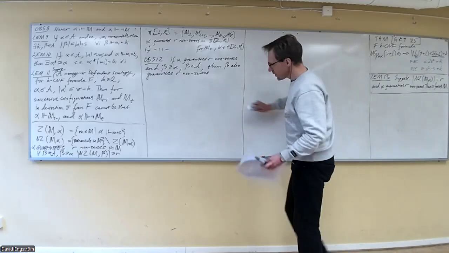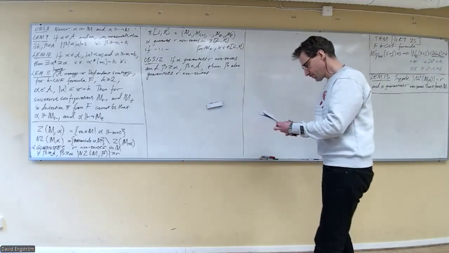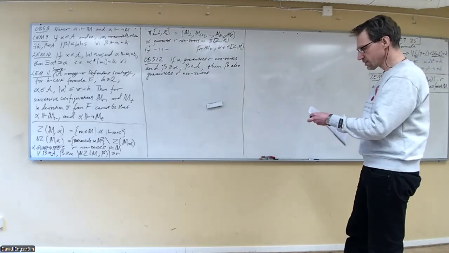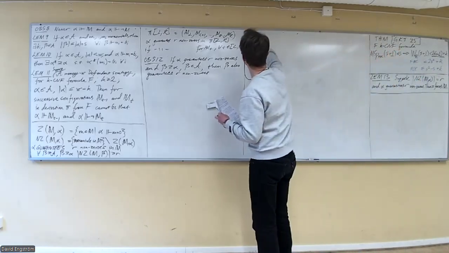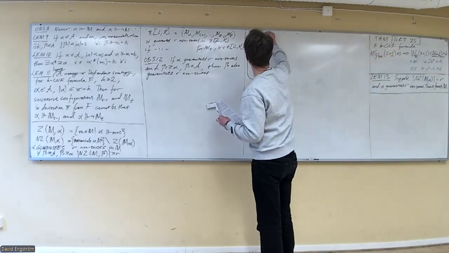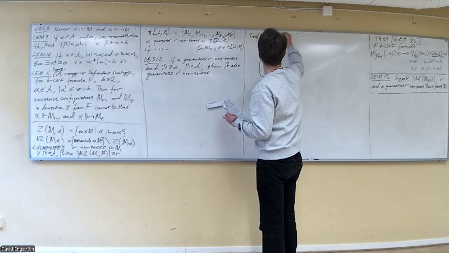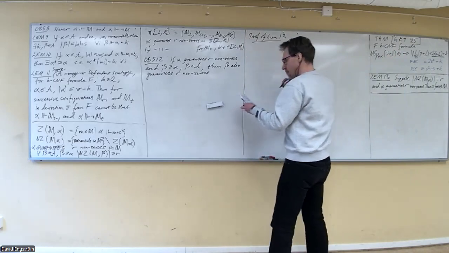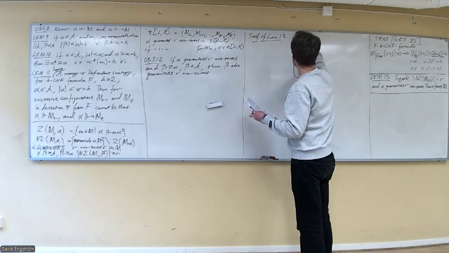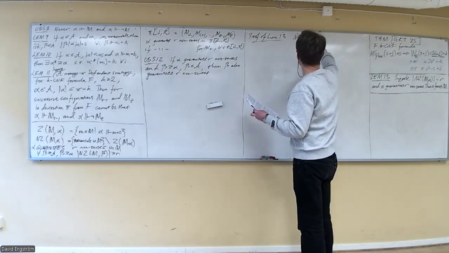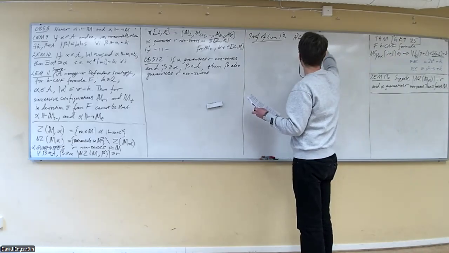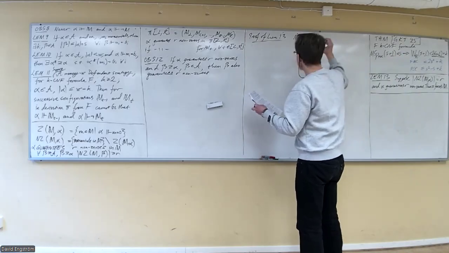So let's see, why is lemma 13 true? Well, okay. Let's prove lemma 13. We know that the non-zero monomials of alpha, there are r of them.